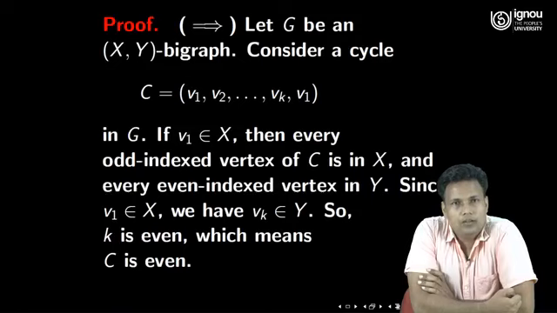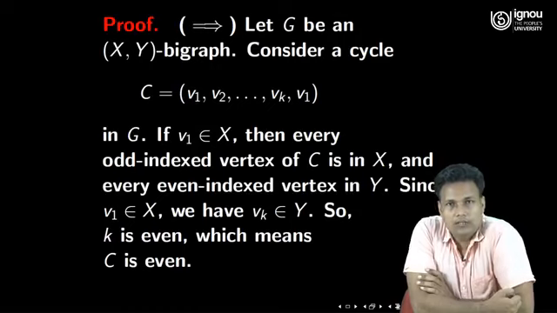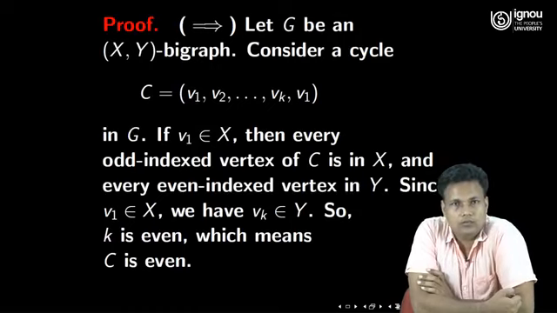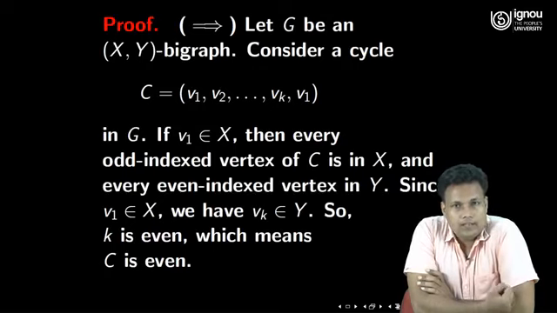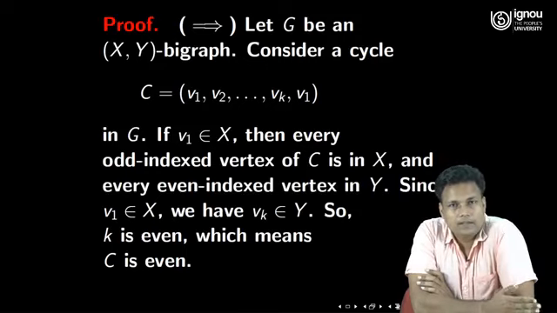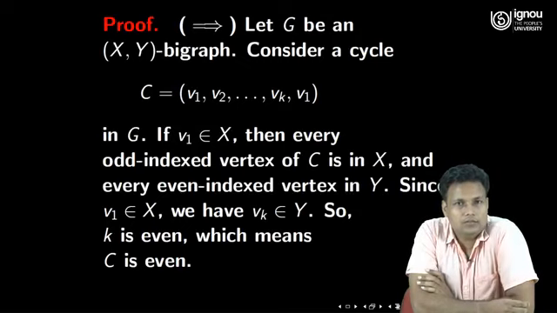Now suppose V1 lies in X, then V2 cannot be in X because V2 is adjacent to V1. So V2 must be in Y, and then V3 cannot be in Y, so V3 must be in X. Similarly, V5 must be in X. So any odd indexed vertex in this cycle would be in X, because we have chosen V1 to be in X. Now look at the vertex Vk.